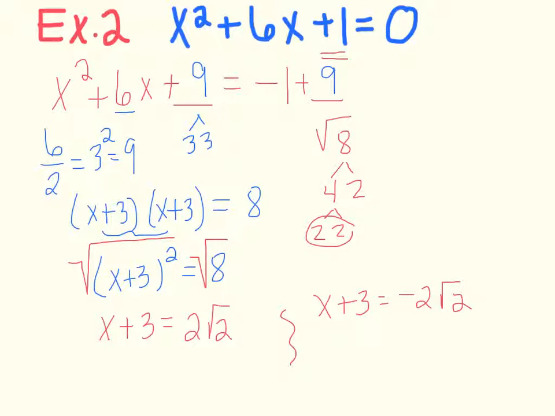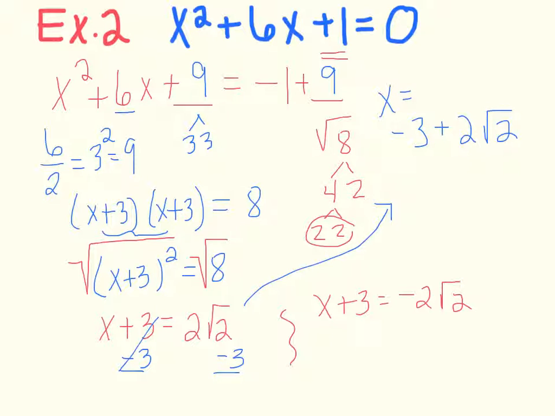So when we solve this equation, we're going to subtract 3 from both sides. Now we do not actually subtract 3 from 2 radical 2 since they are not the same term, so we're going to be left with negative 3 plus 2 radical 2.